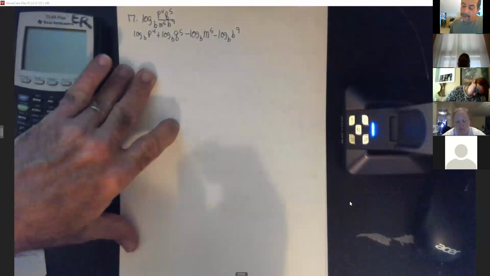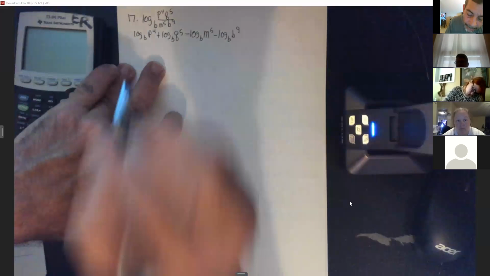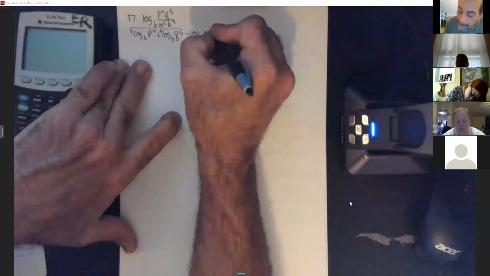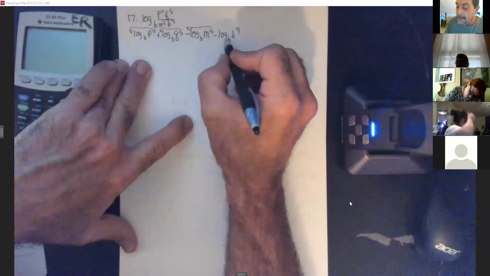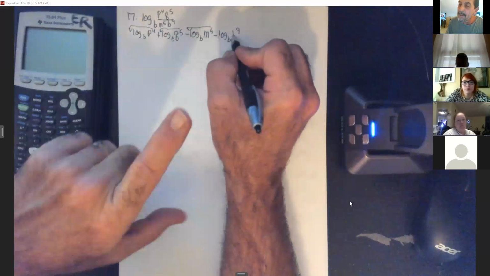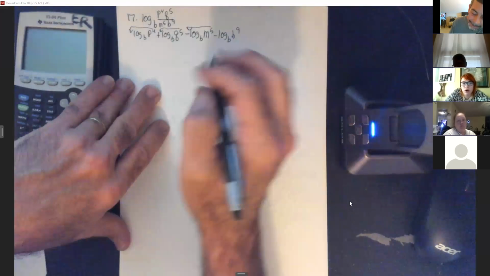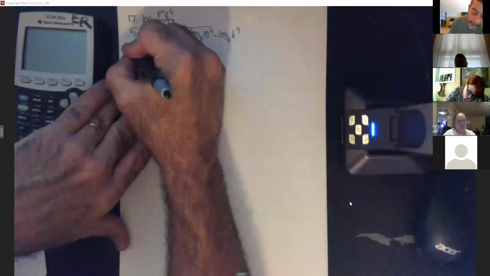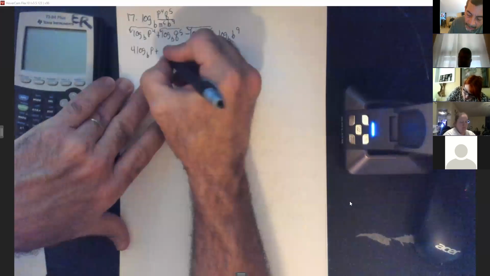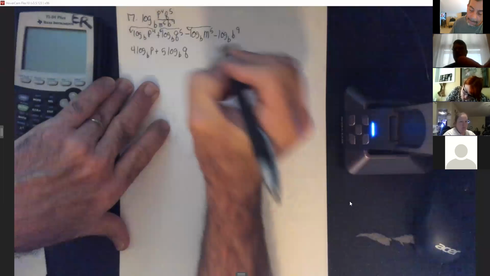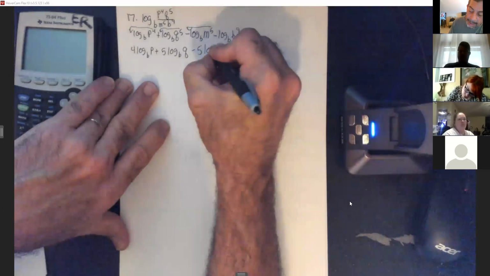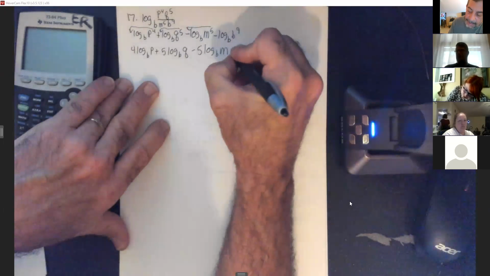So my next move is to bring all those exponents to the front. Now, there's a log B of B right there. That log B of B part equals 1. That's just going to give me a 9. So what's that give me? 4 log B of P plus a 5 log B of Q minus 5 log B of M minus 9.